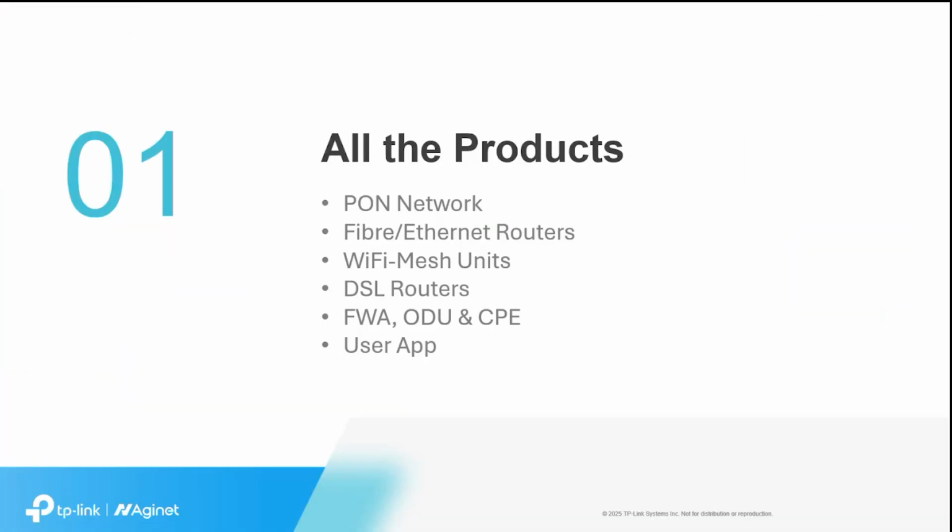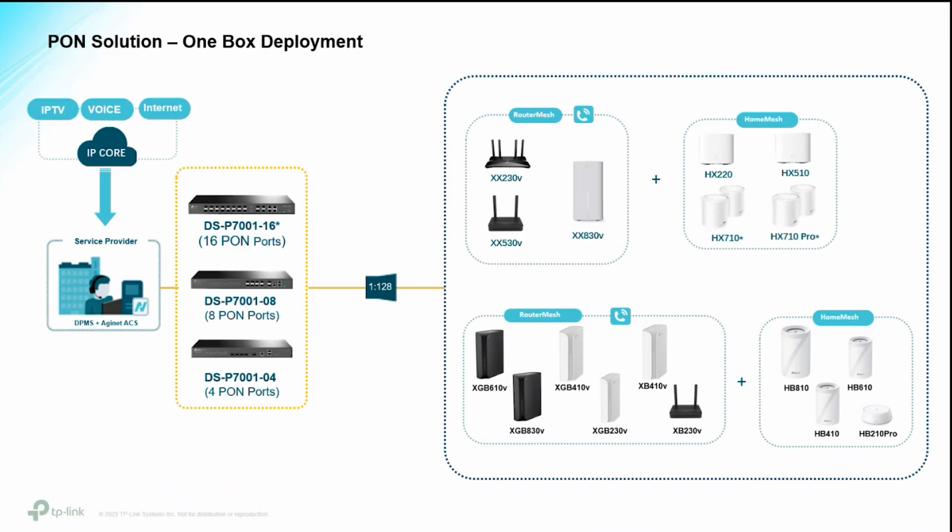So, moving on to the products, we'll cover the PON, fibre and Ethernet routers, Wi-Fi mesh, DSL, FWA, and the app. Looking first at PON, one box solution.